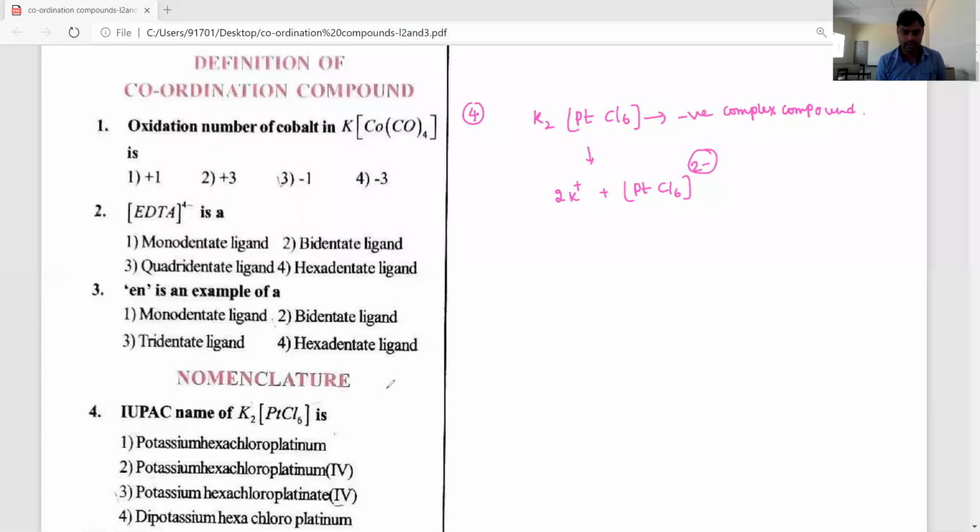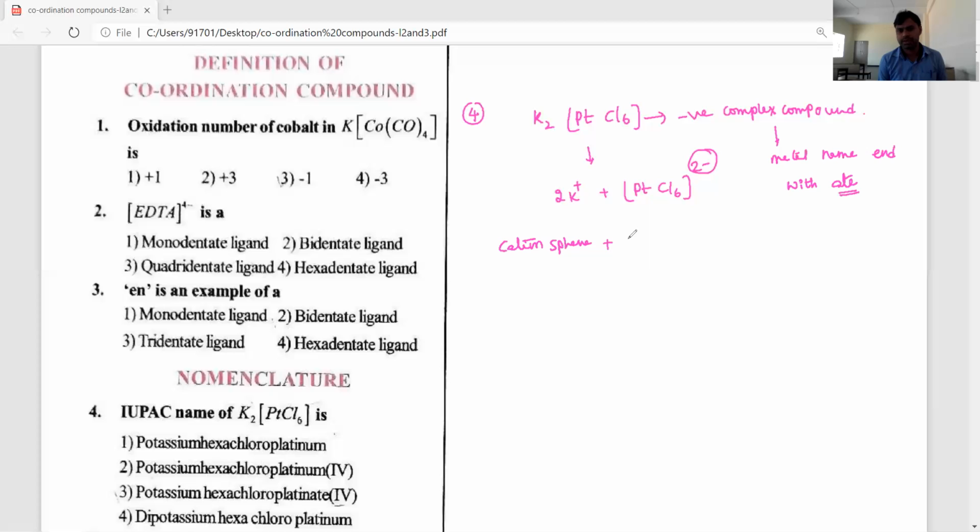For a negative complex, the metal name ends with ATE; additionally we have to add ATE. In IUPAC nomenclature of complex compounds, the cation sphere name comes first, then the coordination sphere.